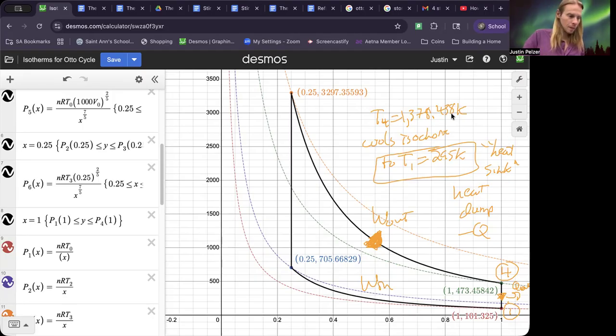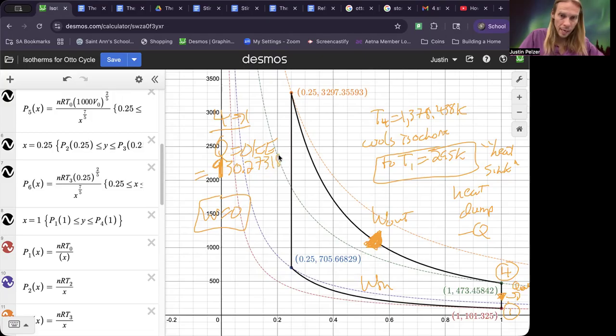And we get Q equals delta KE for this process 4 to 1, and work is 0 because it's isochoric, equals 930.27318 joules. And that's negative. And I forgot to say that the other one, this work output, was negative 877.1445, something, something, something.